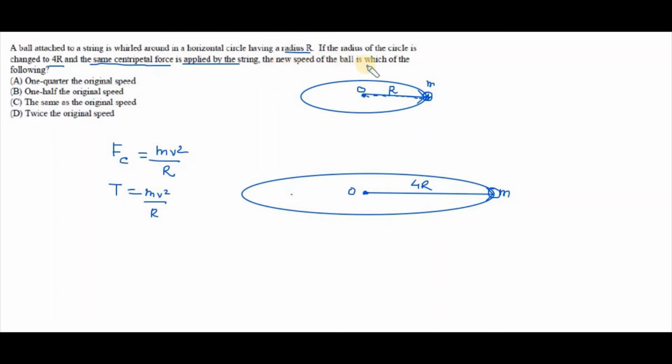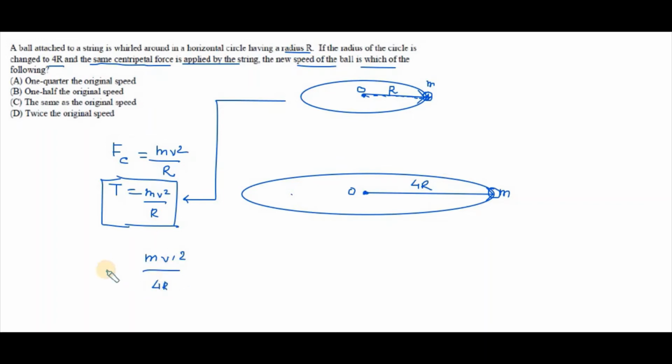This is the first expression, corresponding to the first circle. Now in the second one, let's consider the speed has become v prime. So it is m v prime square upon 4r, and that is equal to the tension, which would be the same.